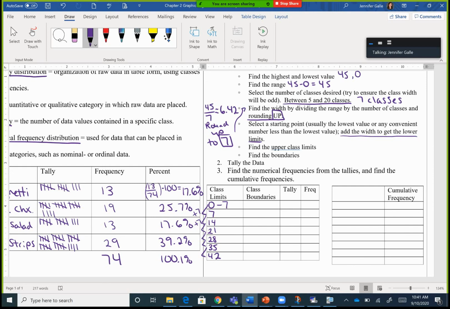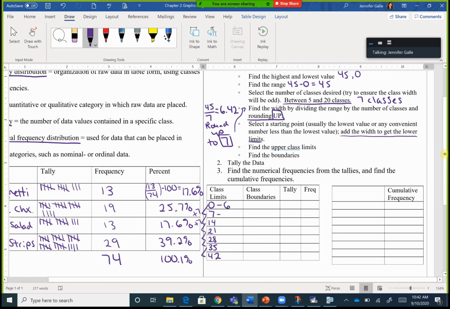But if I count 0, 1, 2, 3, 4, 5, 6, 7, how many values are there? There's 8. 0 through 7 is 8 values, so my class width is too big. So I have to add the 7 going down the side. So what will be my upper limit, do you think? 0 through what? 6.